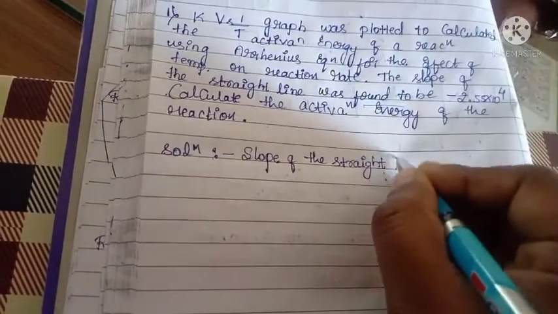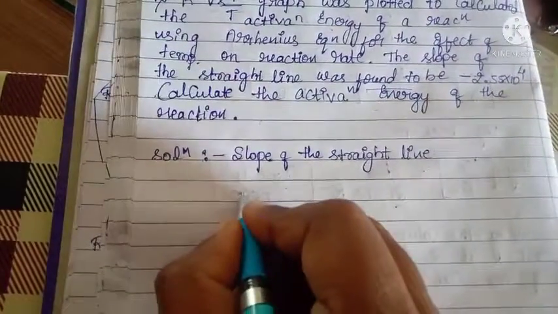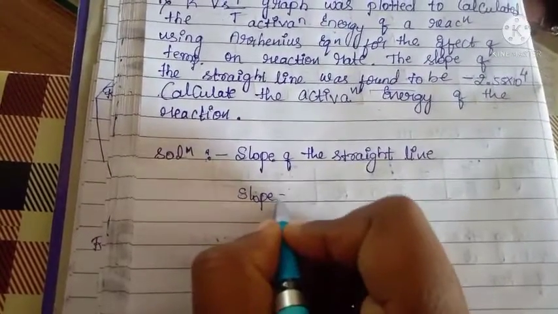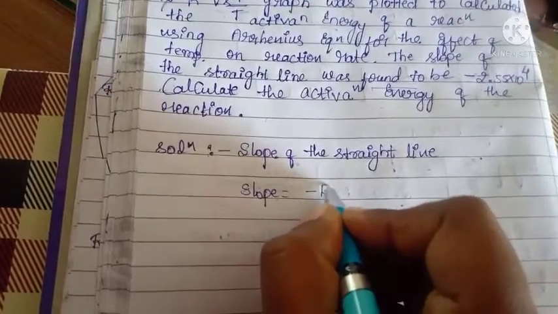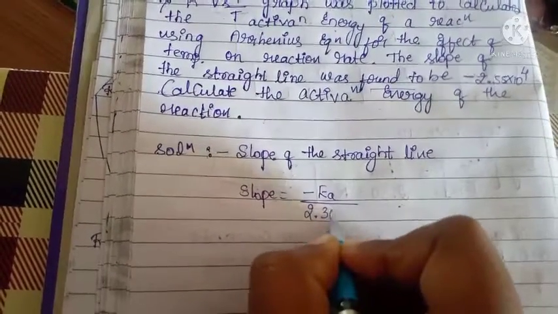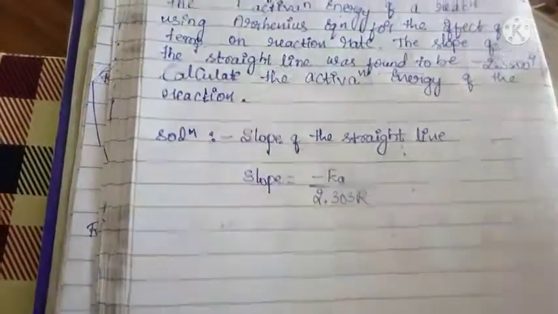The slope is equal to minus EA by 2.303 R. This is the slope of the equation.